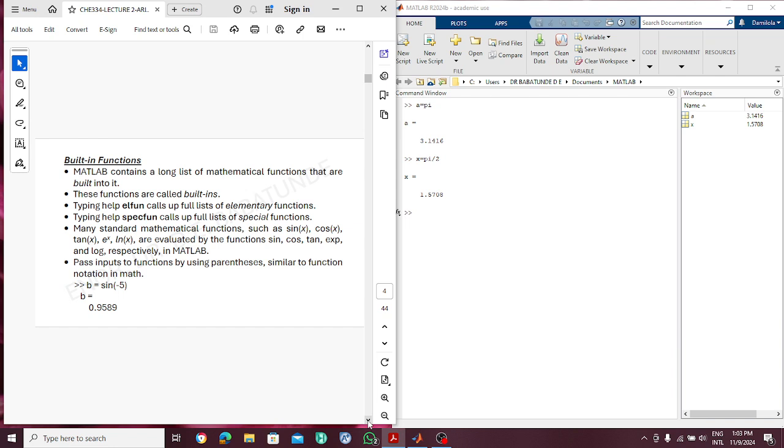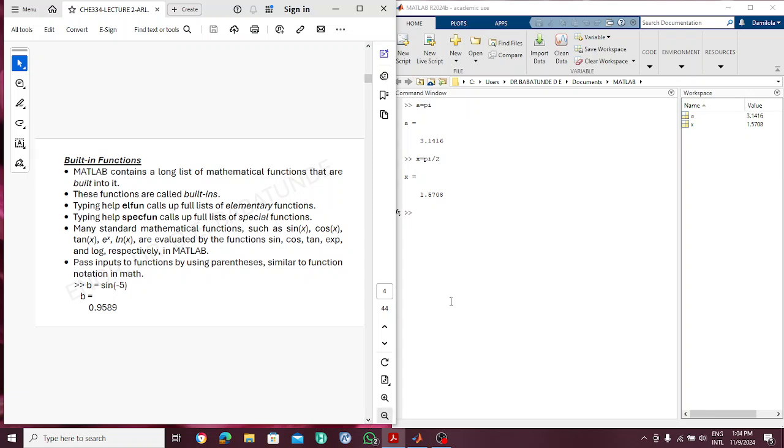Likewise, we also have built-in functions, a lot of built-in functions in MATLAB that we can find handy. If you want to have a glance at the list of elementary functions that people normally use in their computation, we can call up help elfun.